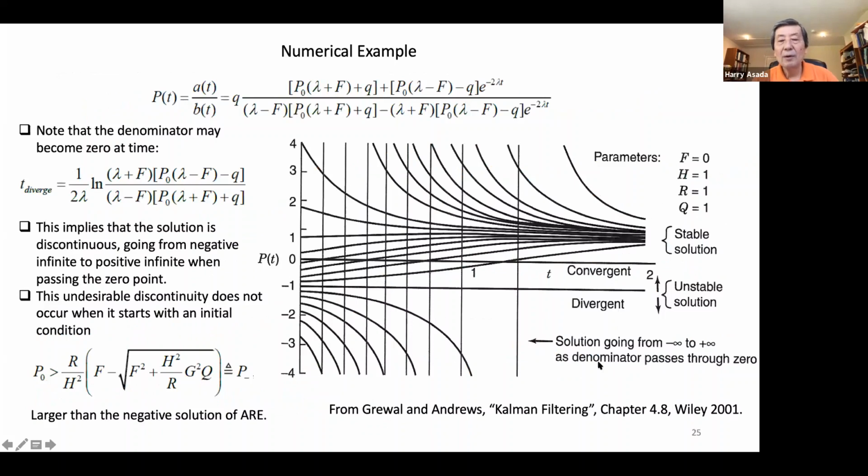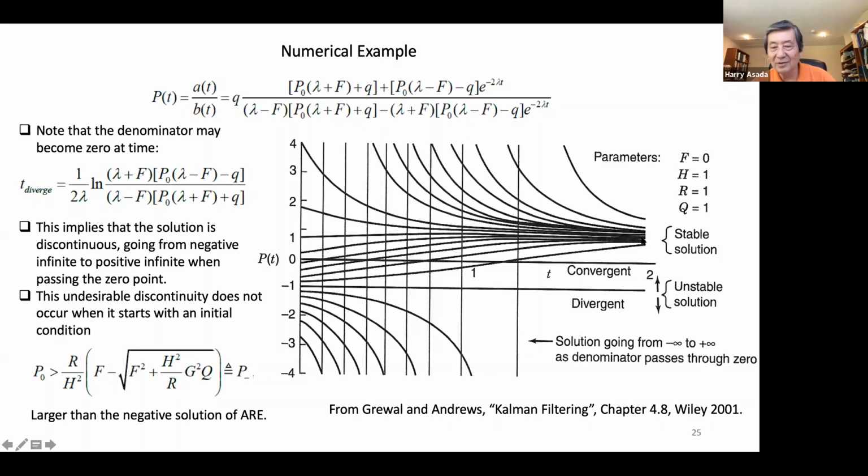So we can compute the transitions of this covariance P(t). For some given parameter values like this, we can plot the transitions of P, starting somewhere here. It converges to this particular value at the end.